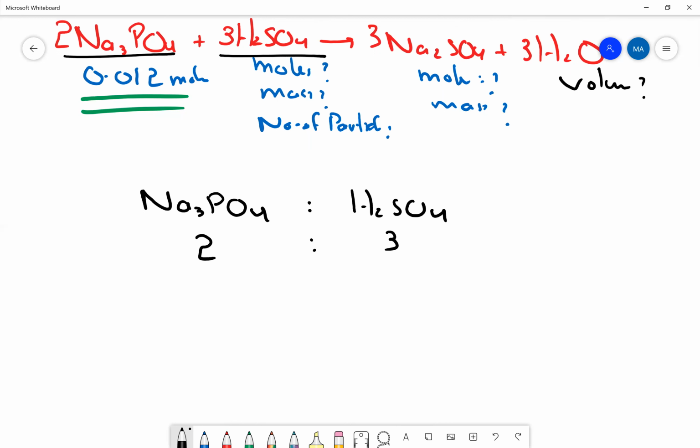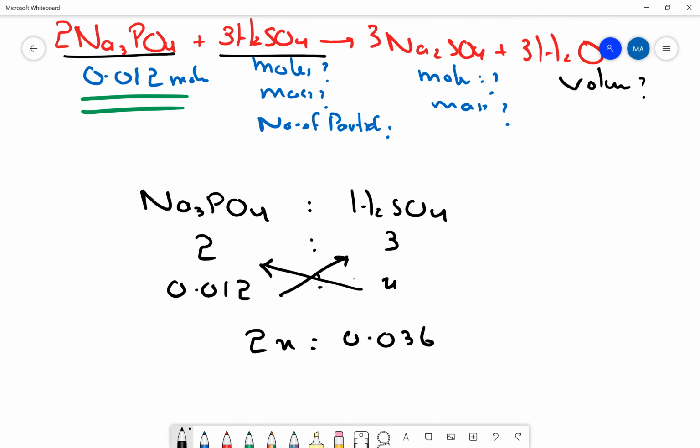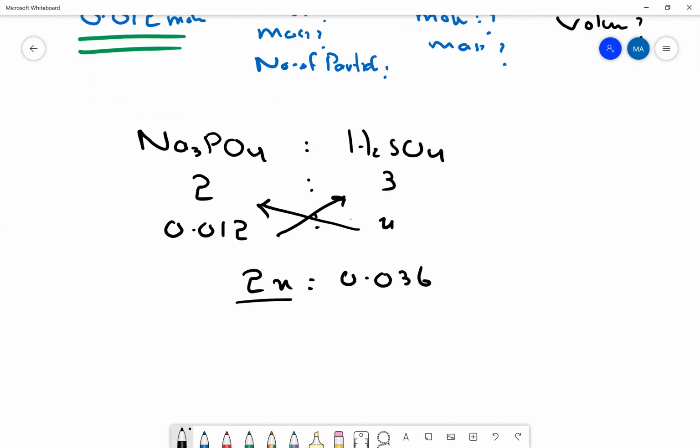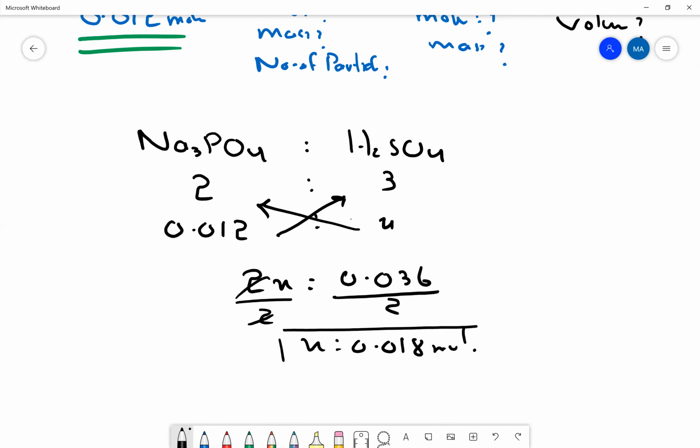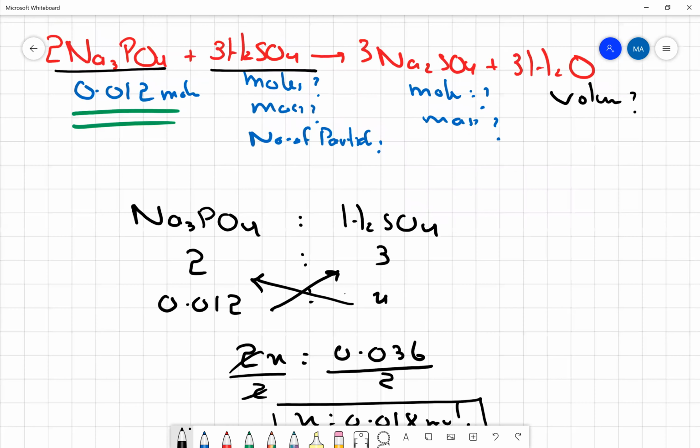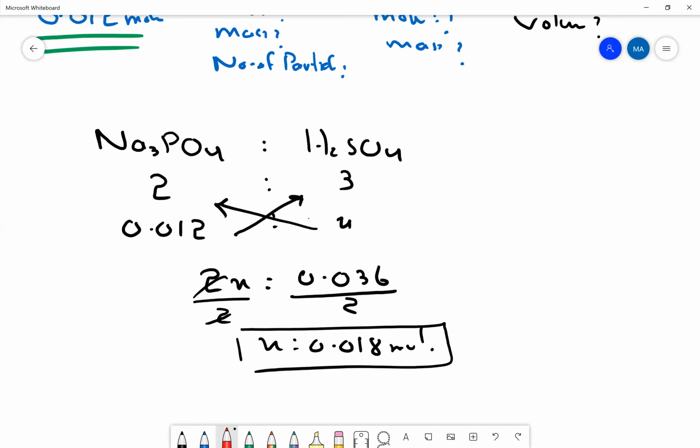For Na3PO4, the moles are already given, but for H2SO4 it's going to be X. So 2x is equal to 0.012 times 3, which is 0.036. And now simple division: 0.018. So now what do we know? We know the moles of H2SO4. Let's write it here: 0.018 is the moles of H2SO4.